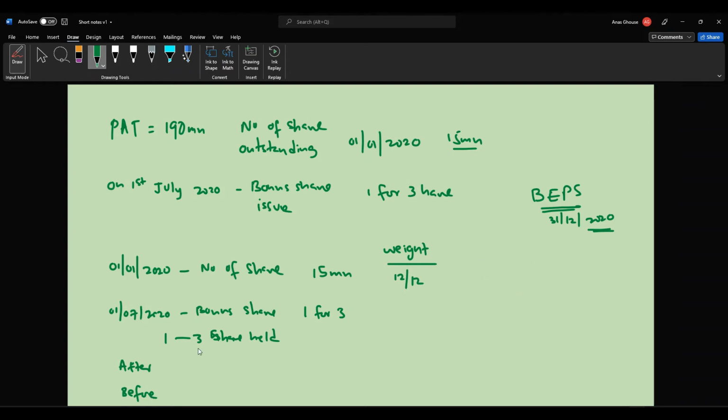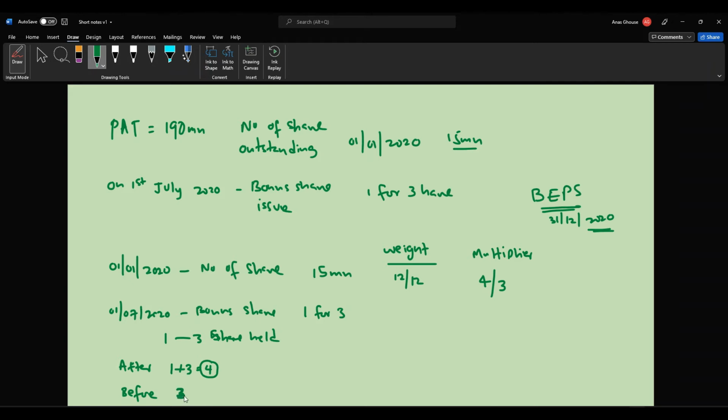We had 3 shares and 1 share is issued. After issuing the bonus share, there will be 4 shares. So the multiplier is 4 divided by 3: after issuing a bonus share it will be 4, and before issuing it was 3.